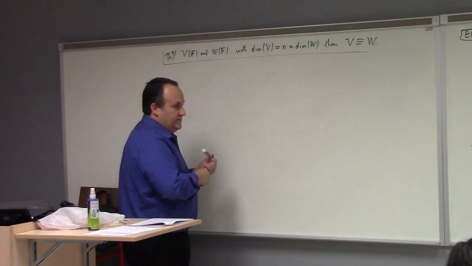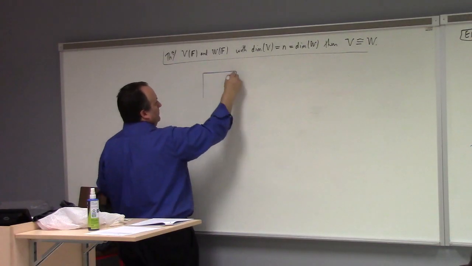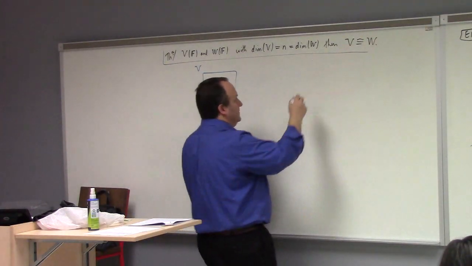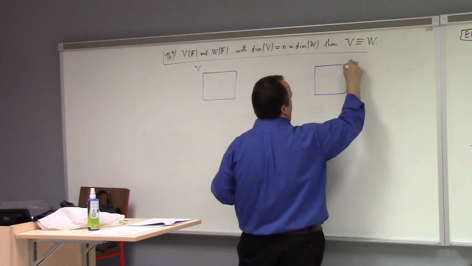So what we do is we draw a picture, sort of an abstract picture of V. All right? And I draw a kind of abstract picture of W over there.